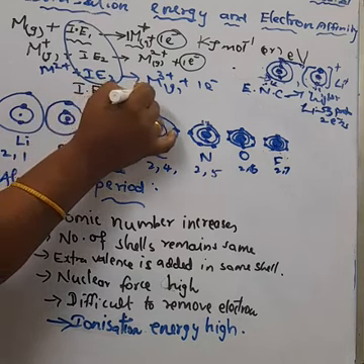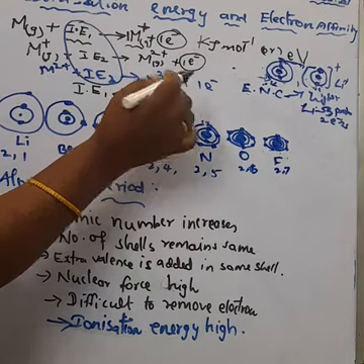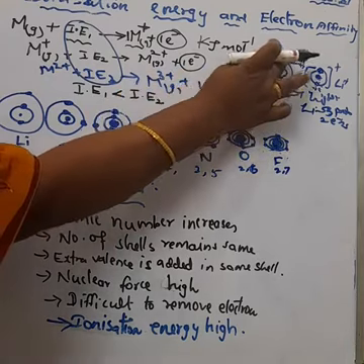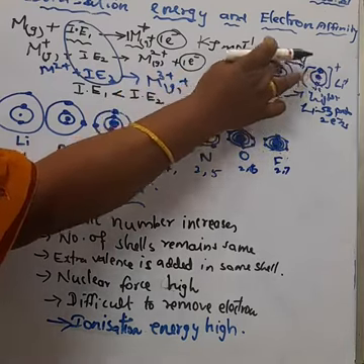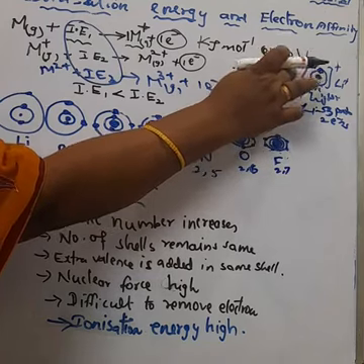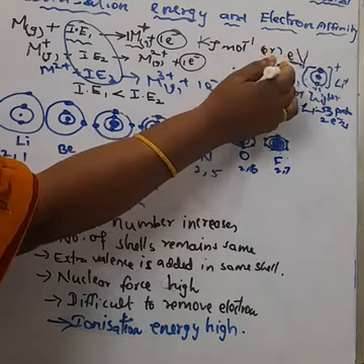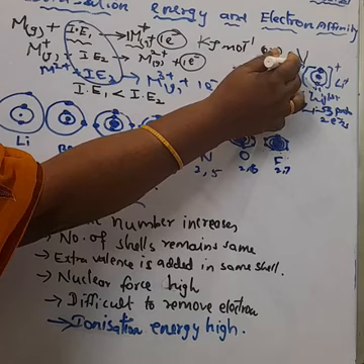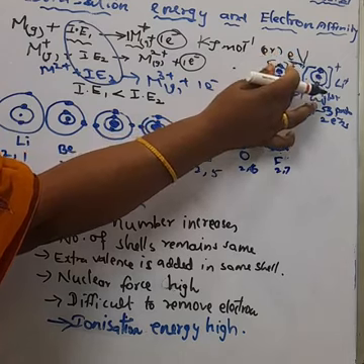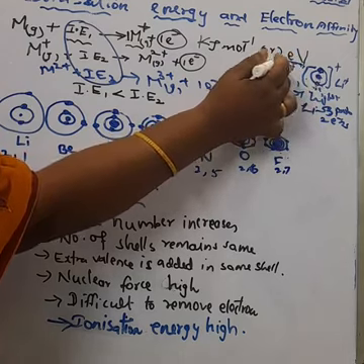Because for the lithium atom, when we remove the first electron, we lose the electron from the outermost shell. We give only a small ionization energy to remove this electron because it is loosely bound compared to the inner shell electrons.